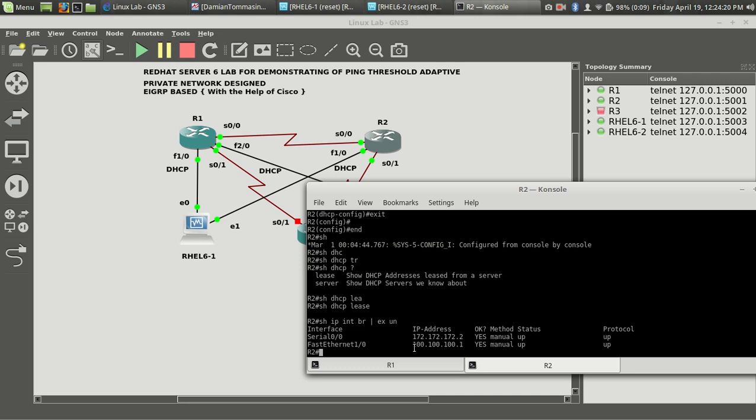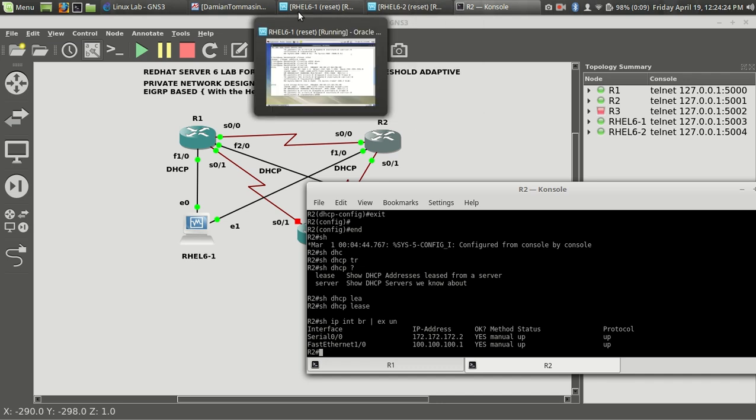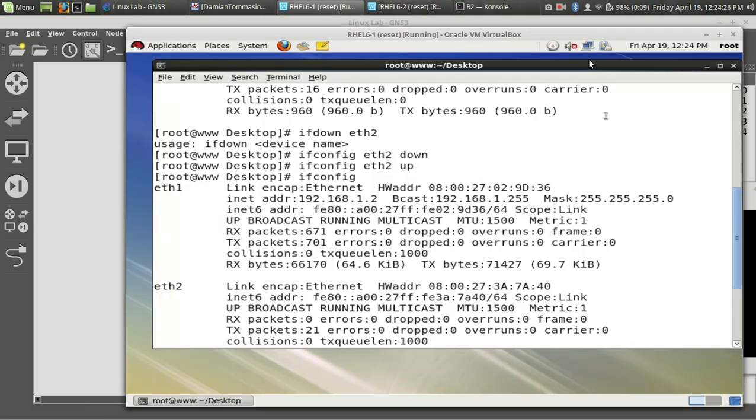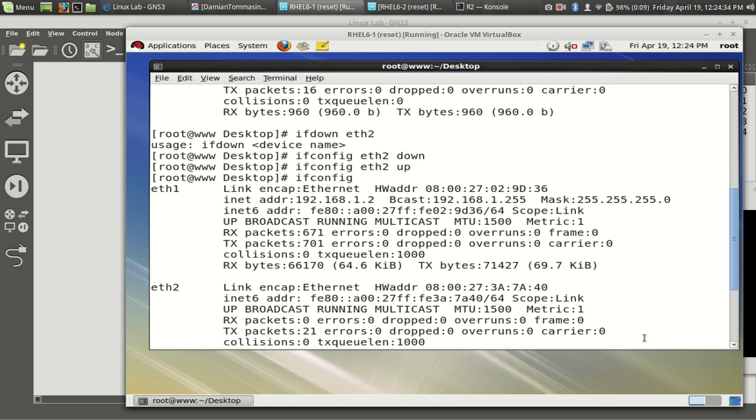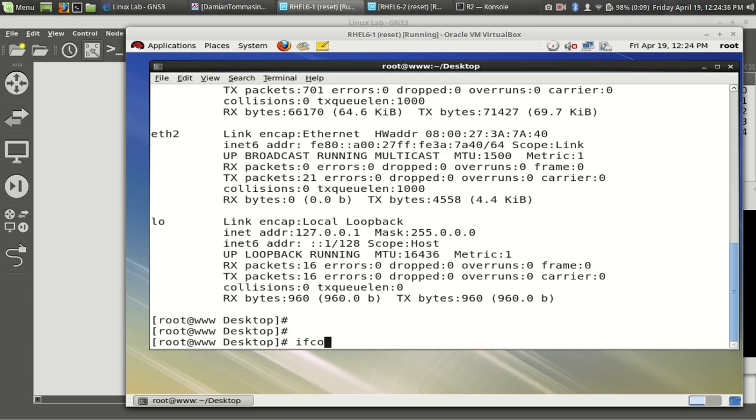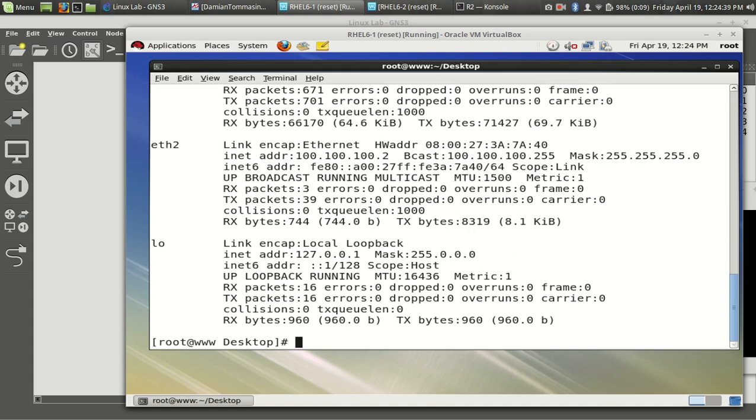My configuration is right, but what is the problem? Okay, fine. Hopefully I got the IP address 10.10.2. May I be able to ping?